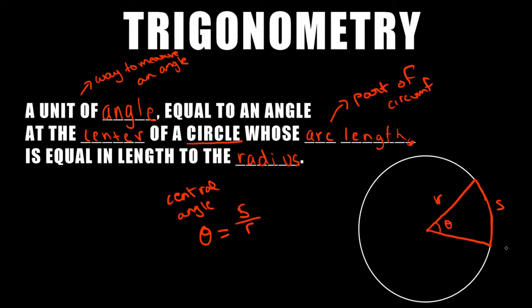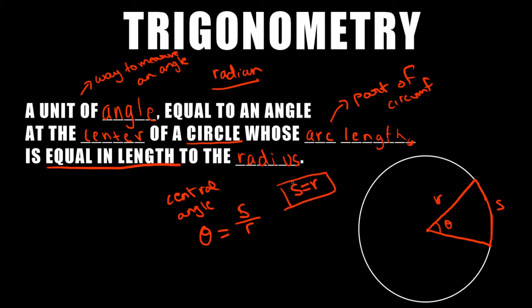Okay, so for simplicity's sake, let's go back to the definition. In case it wasn't clear, this is the definition of a radian. In a radian, the arc length is equal in length to the radius. So we know that S equals r.